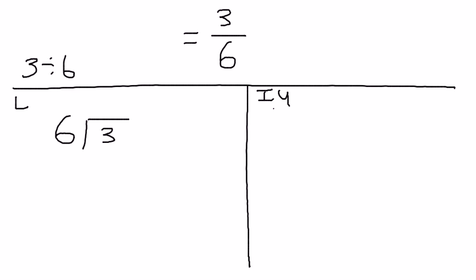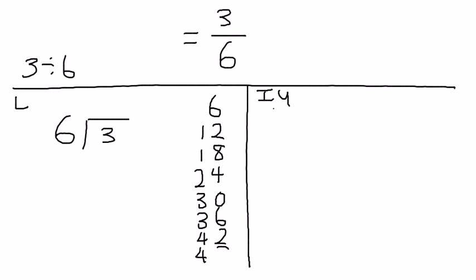Okay, so let's write down the timetable of 6. So 1 times 6 is 6. 2 times 6 is 12. 3 times 6 is 18. 4 times 6 is 24. 5 times 6 is 30. 6 times 6 is 36. 7 times 6 is 42. 8 times 6 is 48.